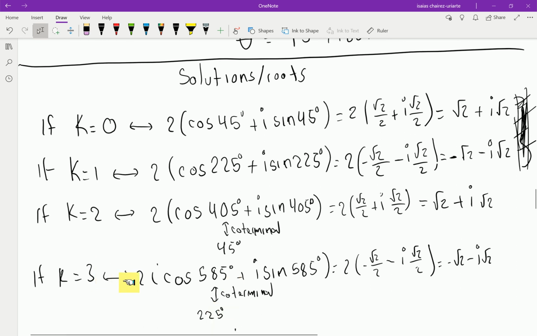So if k equals 3, I get the same answer as k equals 1. And if k equals 4, I should get the same answer as k equals 0. And if k equals 5, I get the same answer as k equals 1. So it's really just k equals 0 and k equals 1 that give me distinct solutions. Everything else after just repeats.